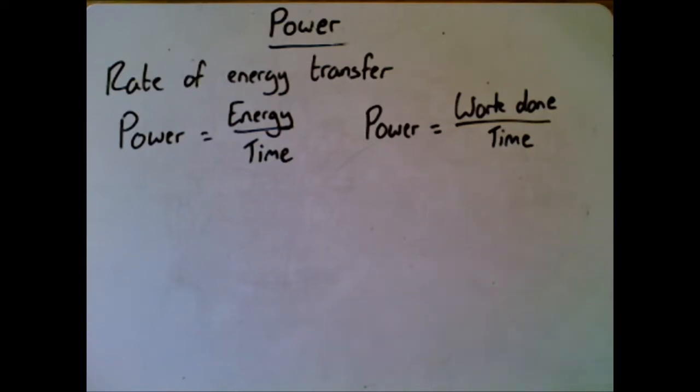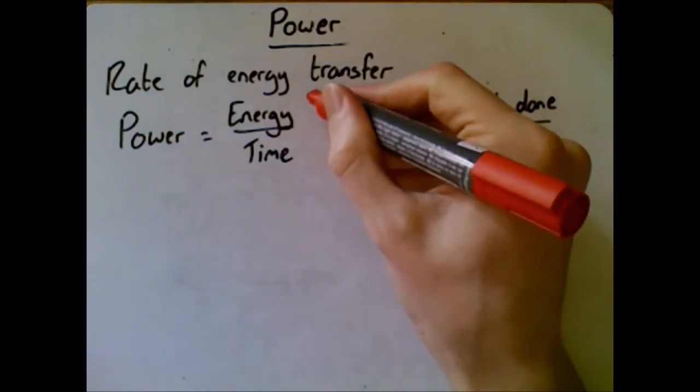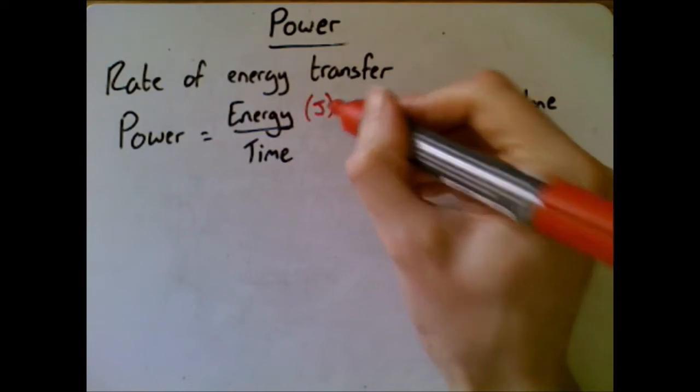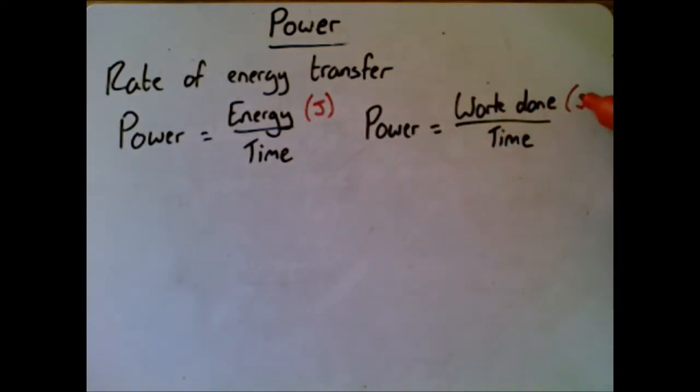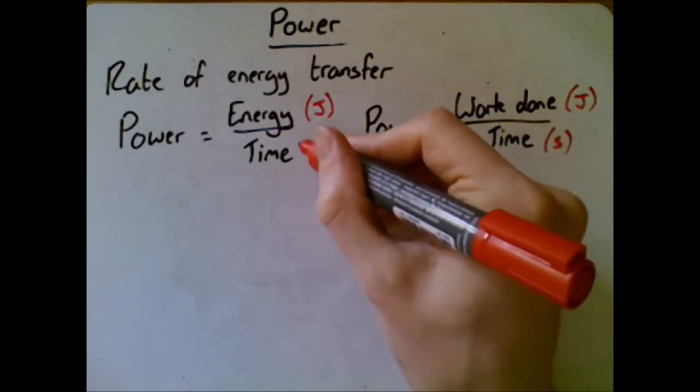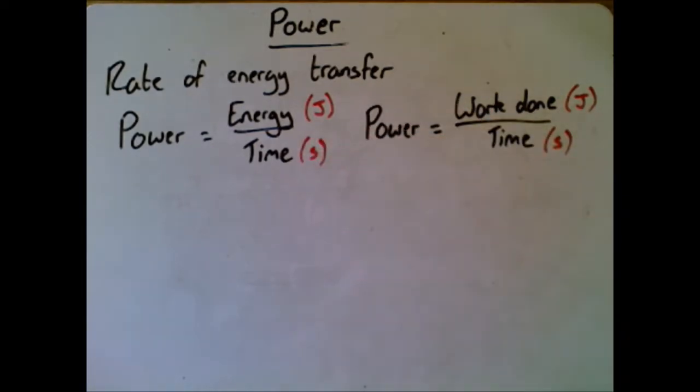We can have a look at our units as usual. Energy is measured in joules, as we know hopefully, in both cases. Time is measured in seconds. You do need to be careful with your units here. We'll look at some examples in a minute. You may wonder what power is measured in.